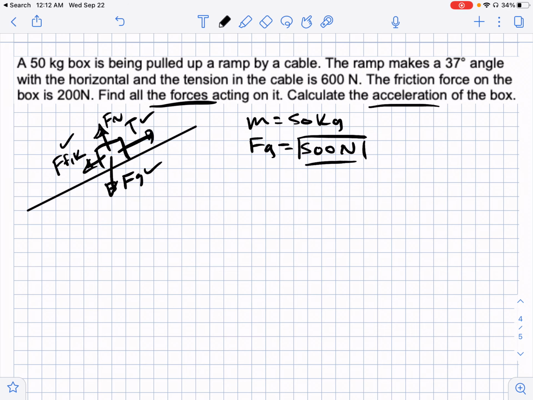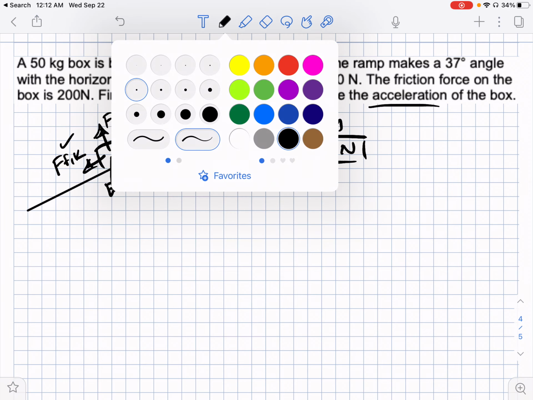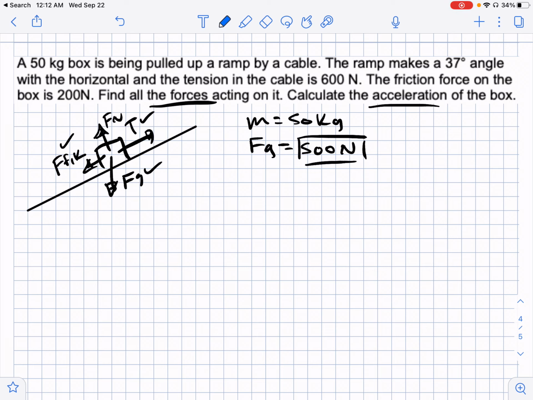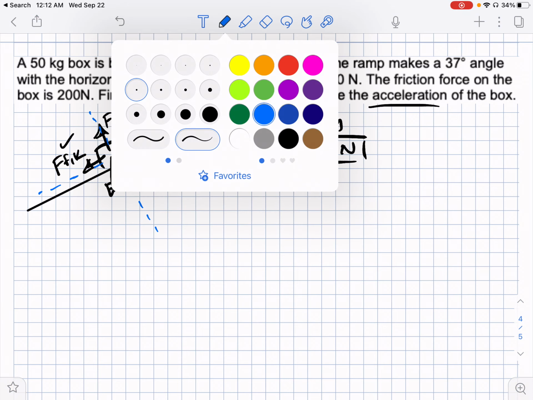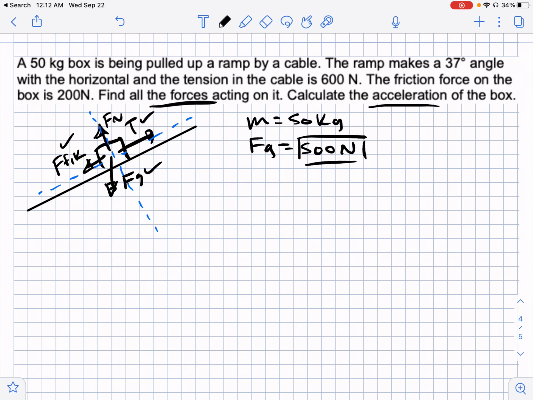So let's draw in real quick our x and y axis. Remember, we're going to shift it, so it's going to look something like that. And then let's make our net force equation. So the net force in the y, we're going to have the normal force, so Fn, minus our Fgy.